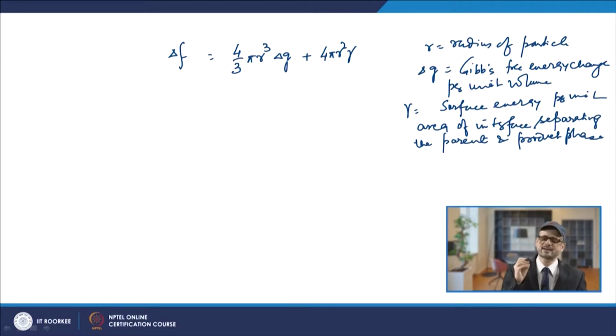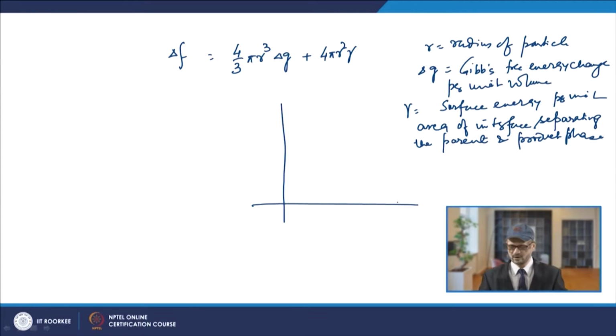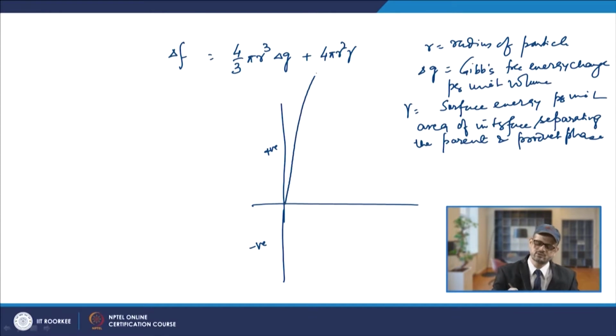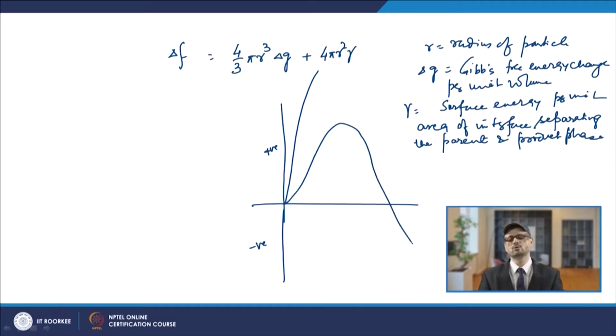For getting that point, consider the free energy values, with this axis positive and this negative. Initially, for a very small value of r, the curve goes towards very high, infinity, and then normally it goes like this.